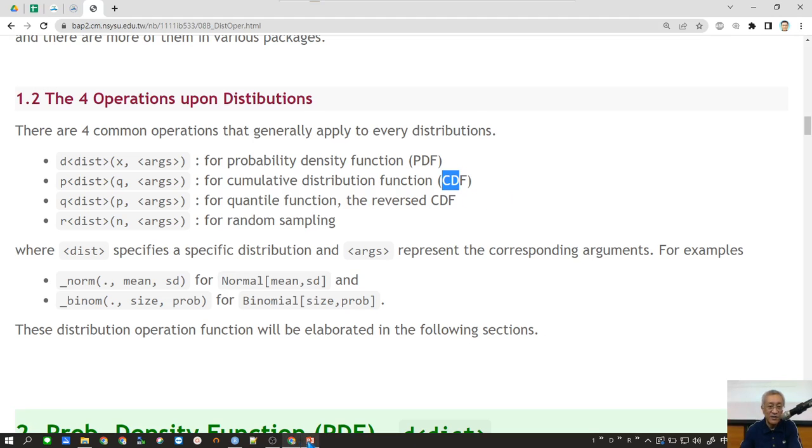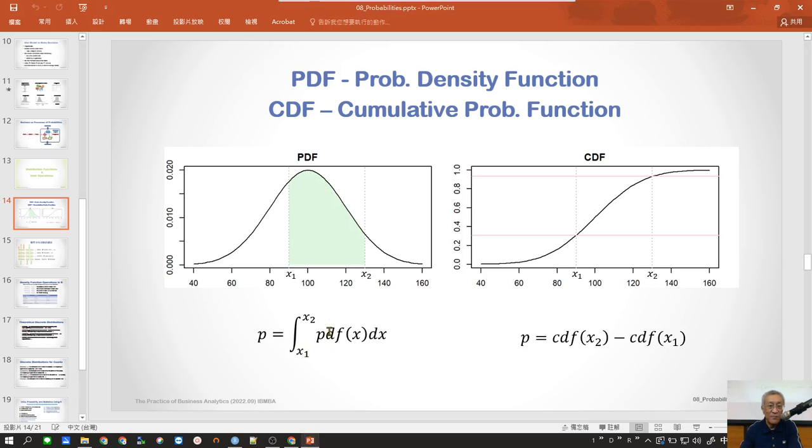It's kind of like this, right? This is the PDF, so you give an X1, it will return the density of X1.